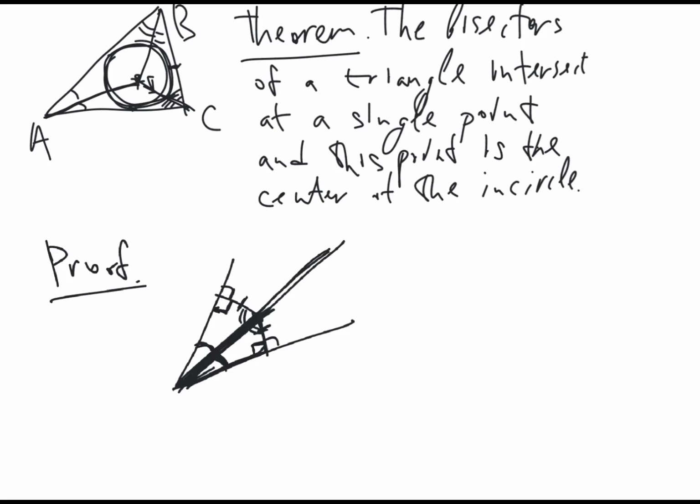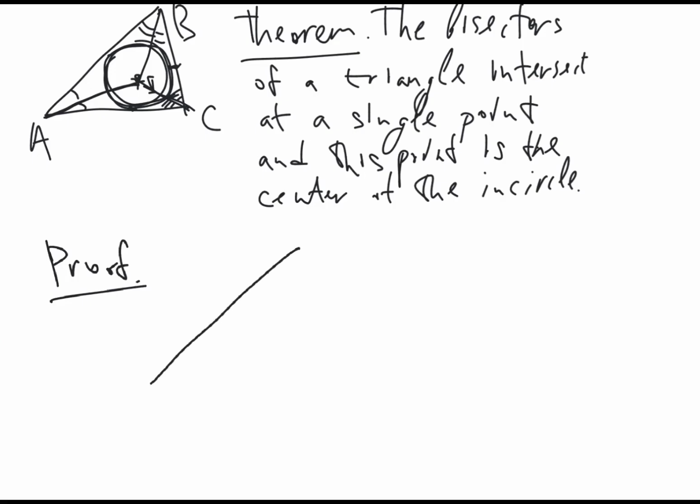Now what we have in a triangle is this. Let's take first two bisectors, without considering the third one for now.